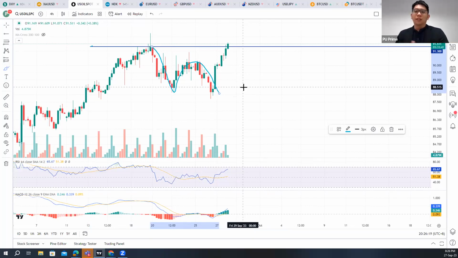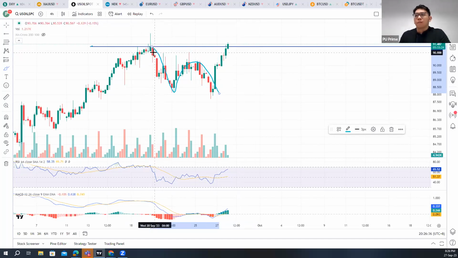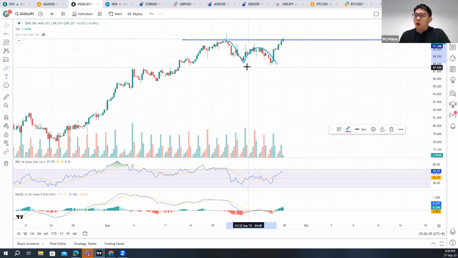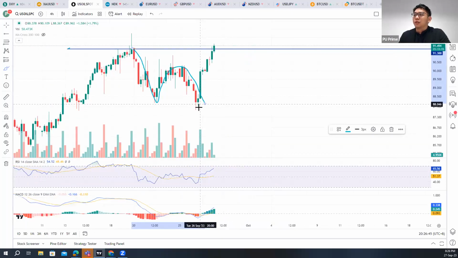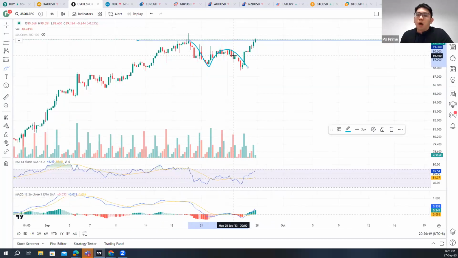And after what the Federal Reserve said last week, they're expecting a higher and longer interest rate policy, and the market priced it in, and that hindered the oil price, which traded in a bigger sideways range and declined slightly. But after that, you have this strong candlestick to support the oil price.